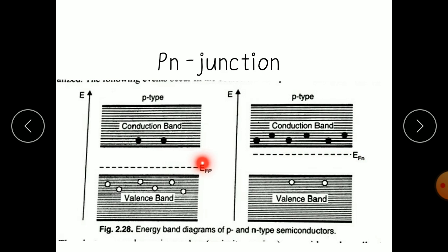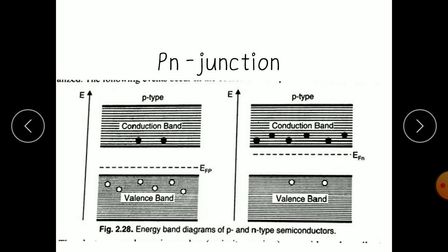This is analogous to having two containers filled with liquid of unequal height, and if we connect them, what will happen? The liquid level in the container with the higher level goes down, while the level in the one with the lower level goes up.